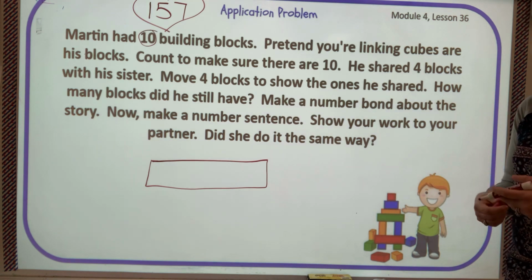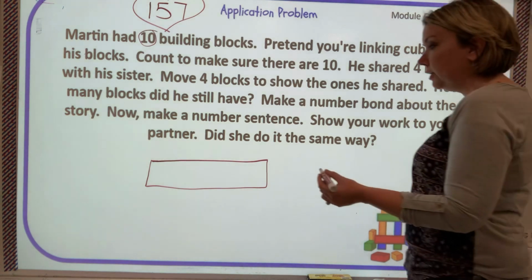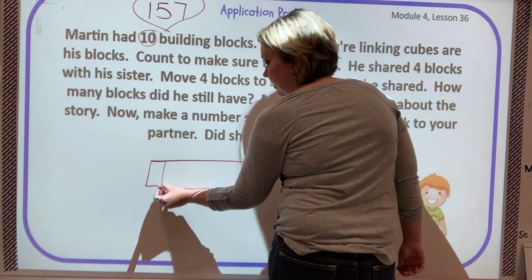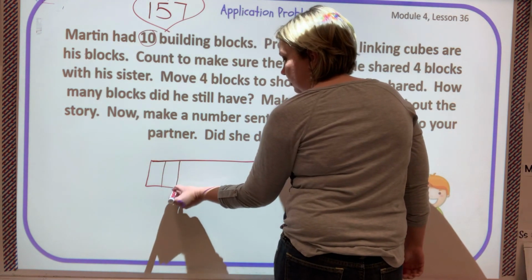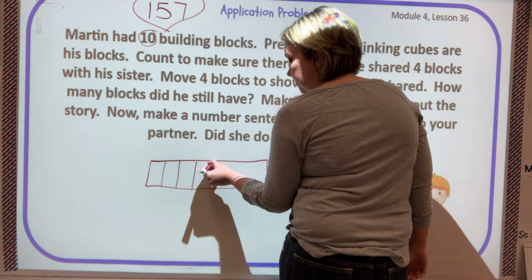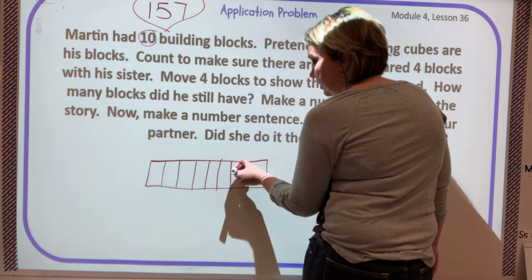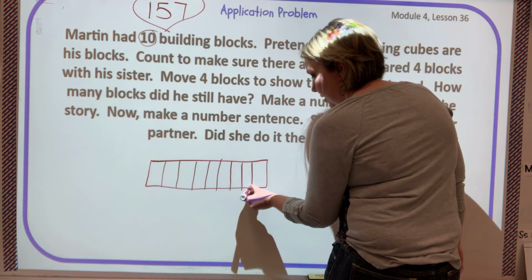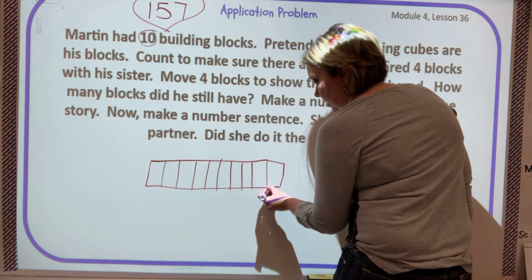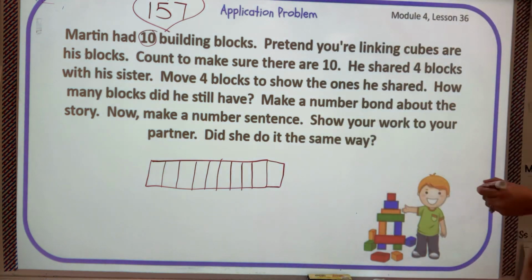So if I need to show 10, 1 less than 10 is 9. So I'm going to put 9 lines. 1, 2, 3, 4, 5, 6, 7, 8, 9. There's 10 cubes.